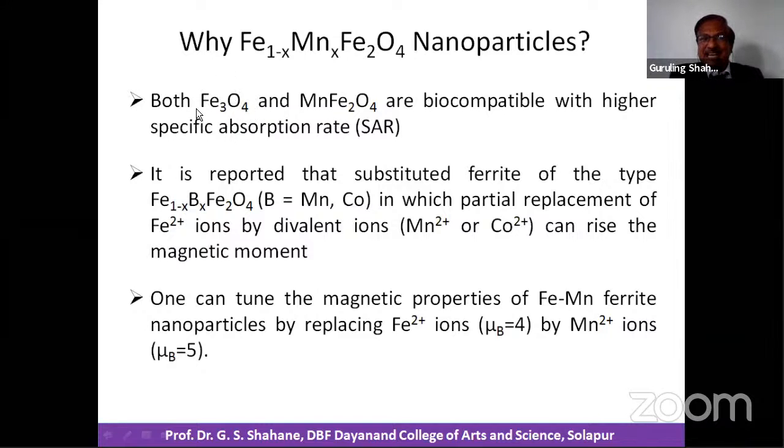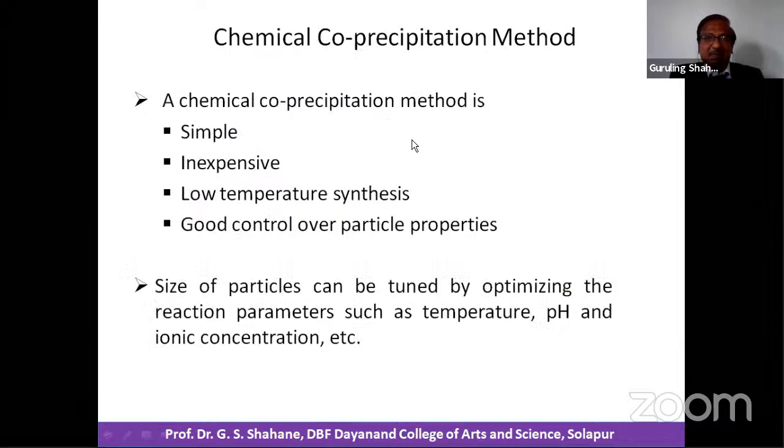It is a very famous candidate for biomedical applications, because it has the highest specific absorption rate and at the same time it is biocompatible. Another material, MnFe2O4, is also found biocompatible and has a high absorption rate. So we decided to make a composite out of that and to test its suitability for magnetic fluid hyperthermia.